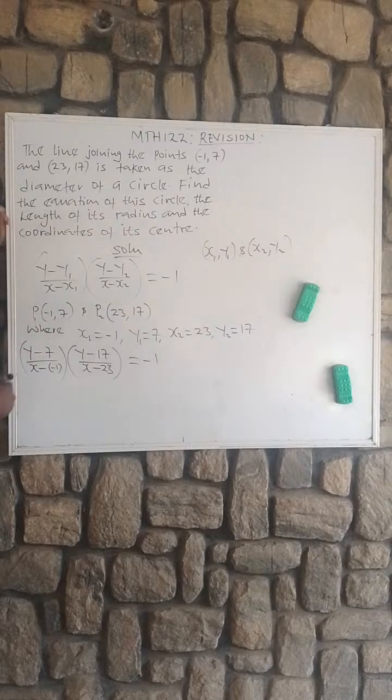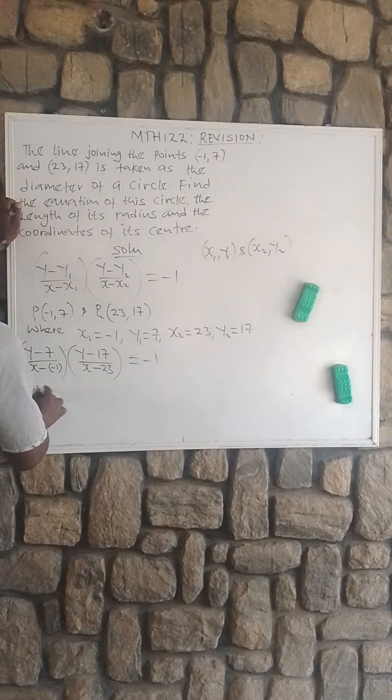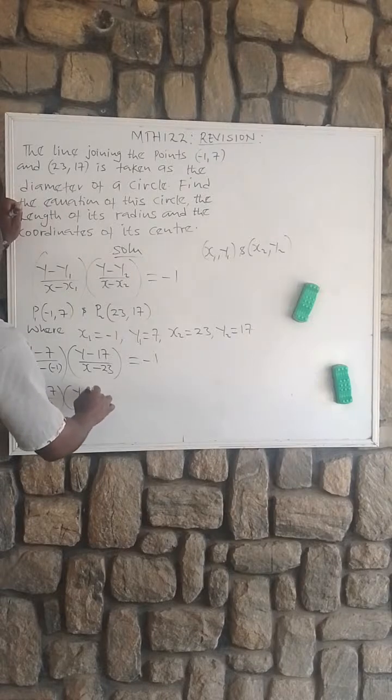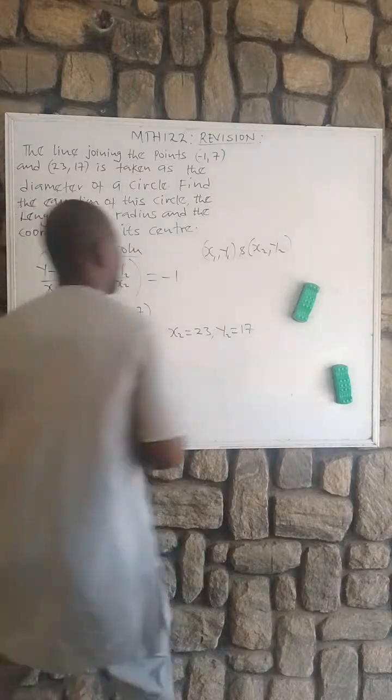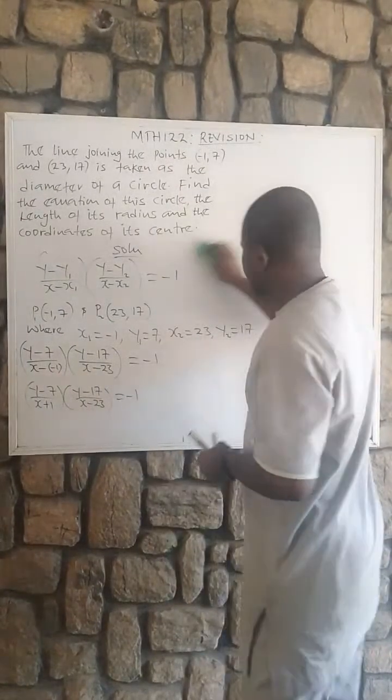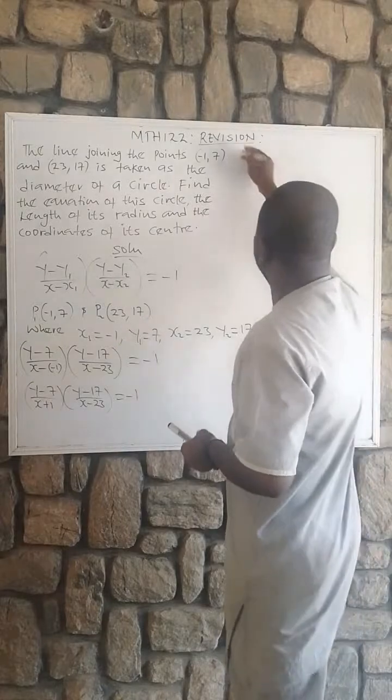So we are going to have y minus 7 all over x plus 1, since minus times minus is plus, times y minus 17 all over x minus 23 equals minus 1.